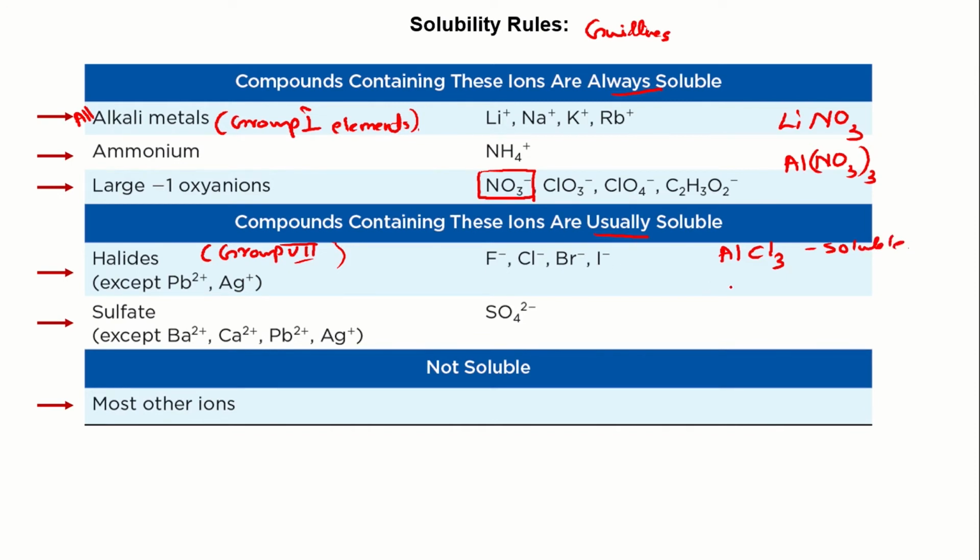But if you take something like silver chloride, now this says that silver chloride is not soluble. Again, lead chloride is not soluble because the only two exceptions for halides are lead and silver. So this is also not soluble.